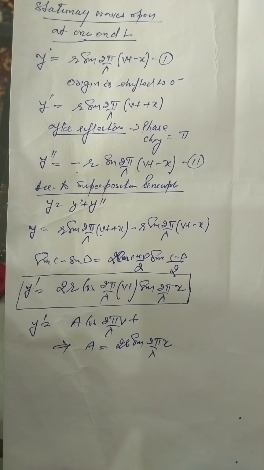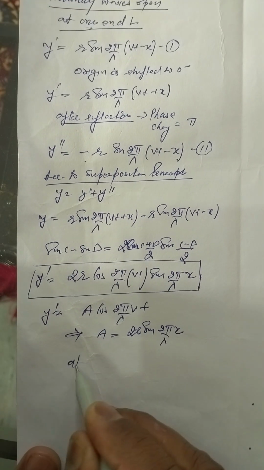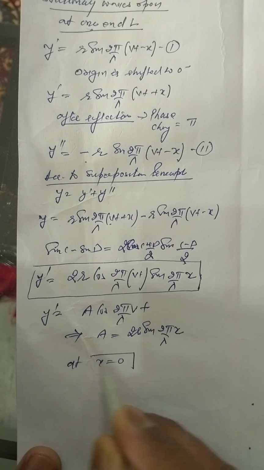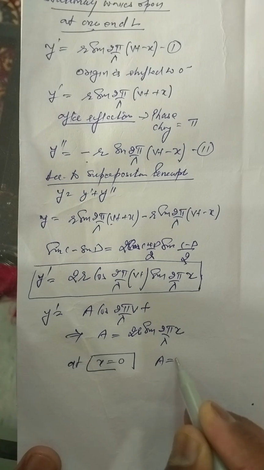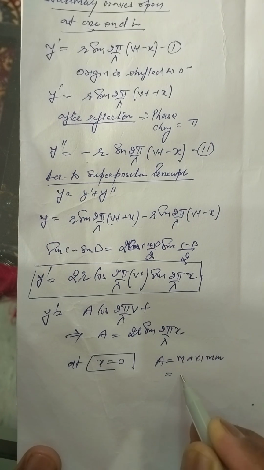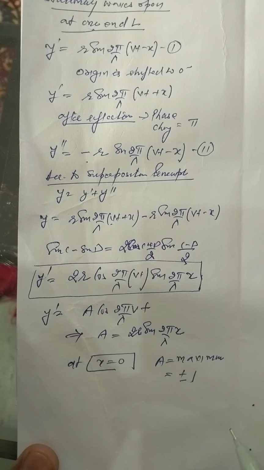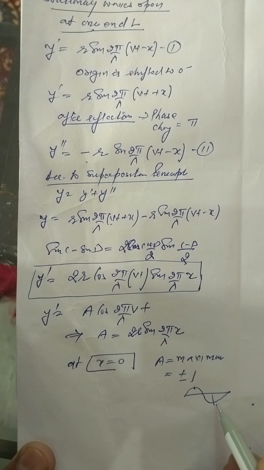Now we will find the condition. As we know, at the open end the amplitude will be maximum, meaning sin equals plus or minus 1. In this wave, the amplitude is maximum at plus 1 and minus 1.